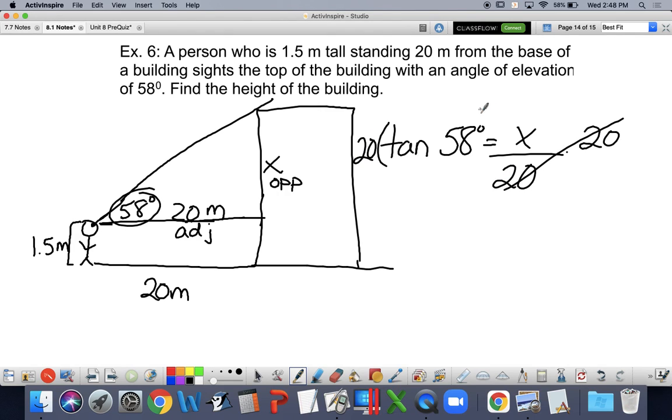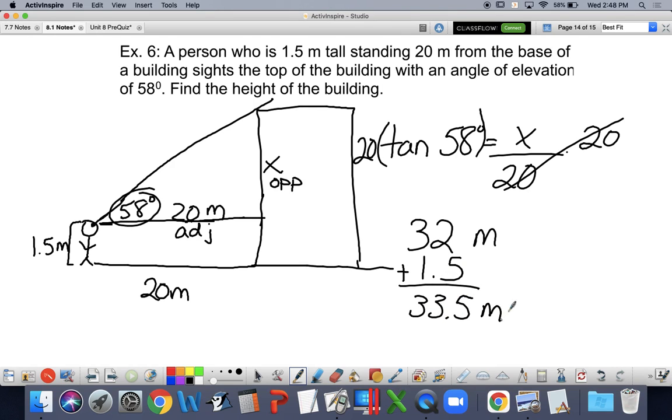You can just type right into your calculator 20 times the tangent of 58 degrees. You get about 32 meters. Now we've got to go ahead and add his height as well, right? He or she. So the building is about 33.5 meters tall.